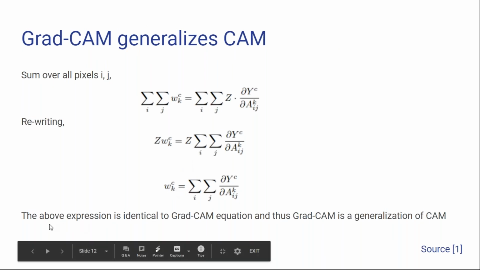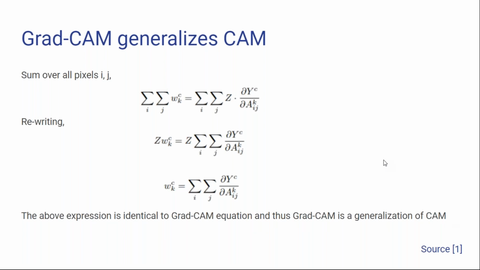So here they prove that this is identical to the Grad-CAM equation. Thus Grad-CAM is a generalization of CAM. I think this is just for those people who are interested to know a little more math. It is not really important that we understand this, but it is good to know.